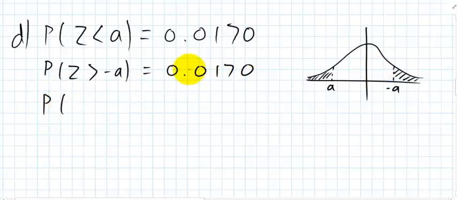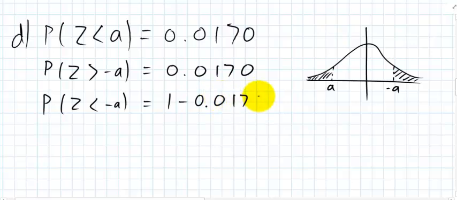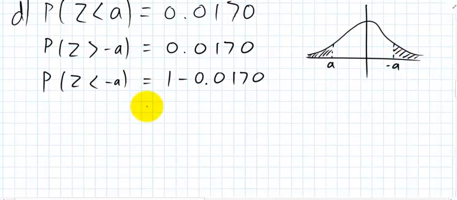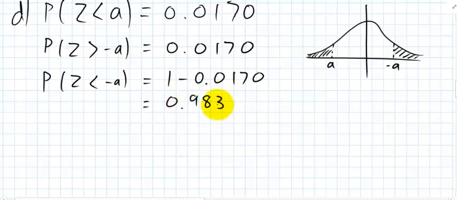We're going to do 1 minus the probability, so 1 minus 0.0170. Remember, this is just the area of this. So to find the area of this is the whole take away this. That means this is equal to 0.9830.